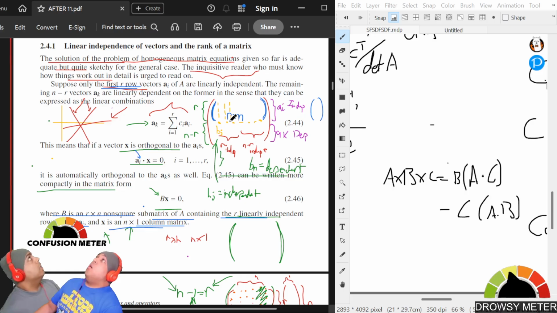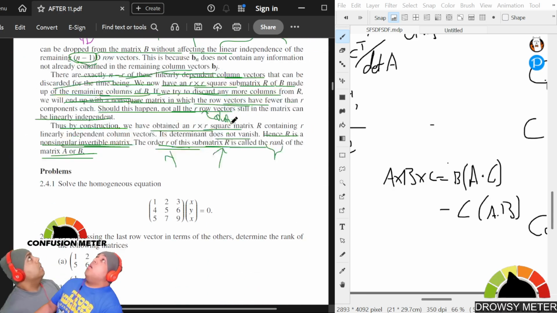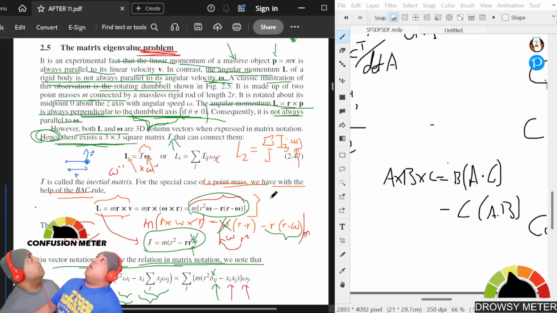So a 7 by 7 that has 4 independent row vectors has a rank of 4. That's how I read this.